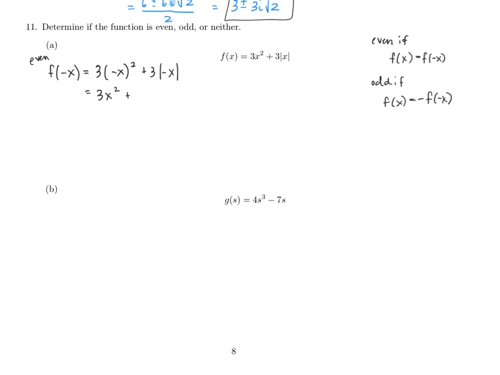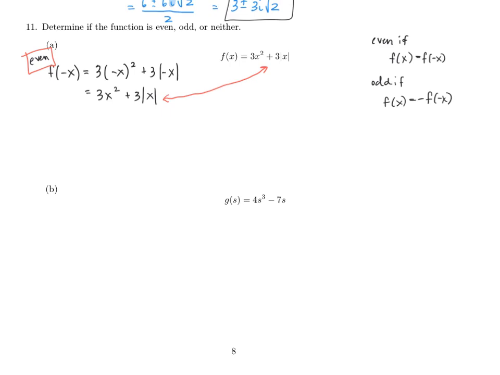So that's going to be plus 3 absolute value x. Since after simplifying we got the original f of x, notice that these are exactly the same, right? All the signs are the same, everything is the same. That means that this is an even function. So we can stop there and just say it's even.